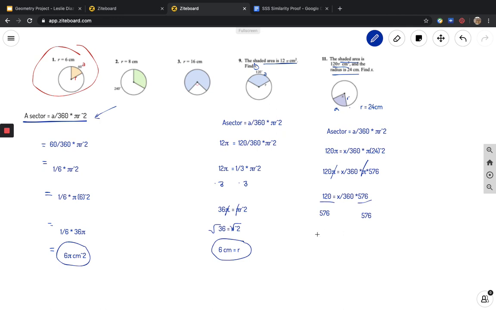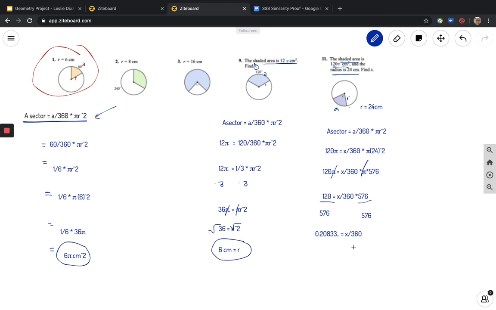So let me write that down for you guys. 0.20833 repeated is equal to x over 360.